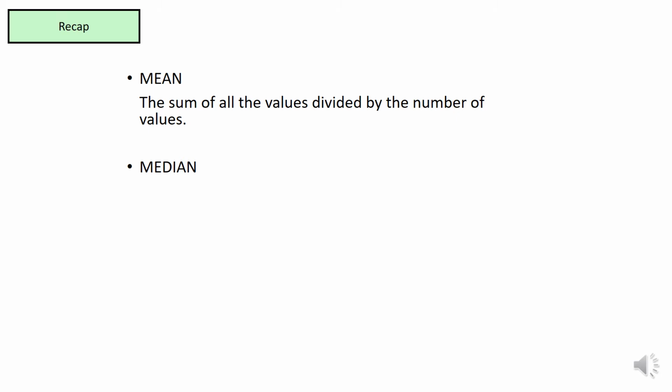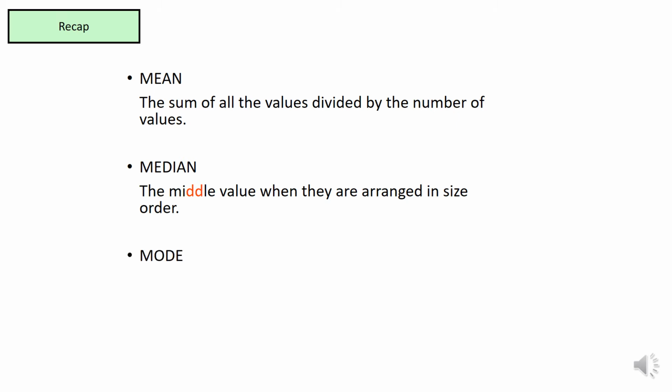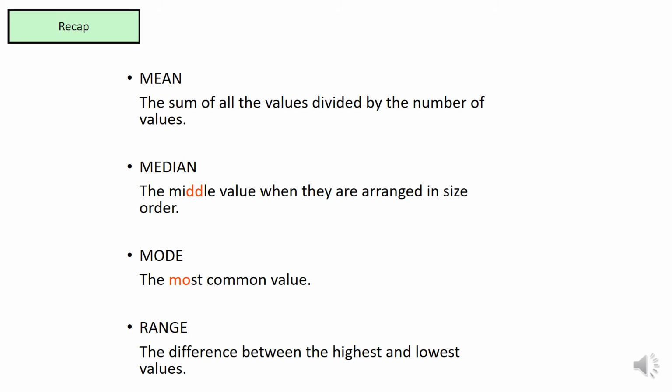Median is your middle value, but don't forget your values have to be in order. Mode is the most popular one, and range is the difference between your largest data and your smallest data, highest and lowest.